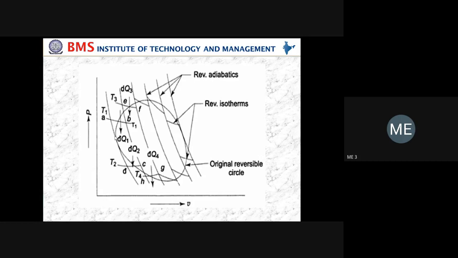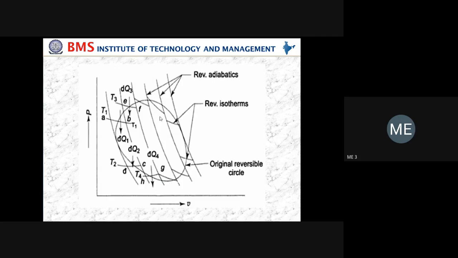Whenever you split it like this, you draw adiabatic processes, and at the top and bottom isothermal processes. So this is a cycle consisting of a number of Carnot cycles. Be careful in drawing the diagram. It looks complicated, but it is not.